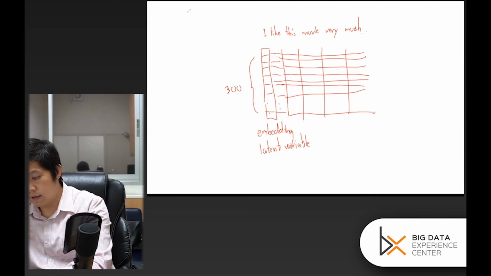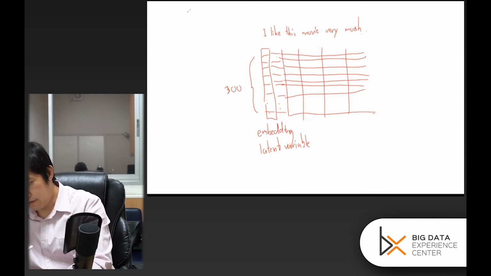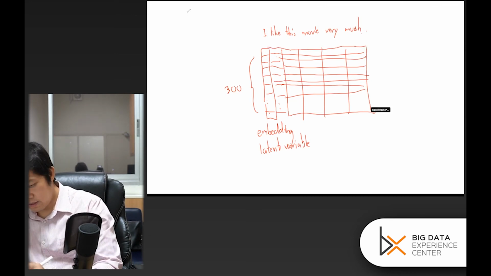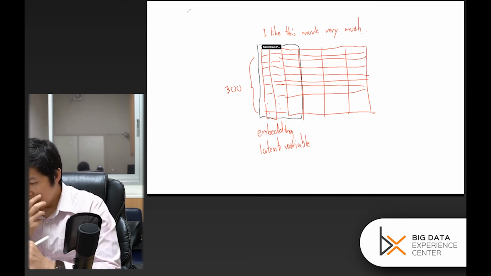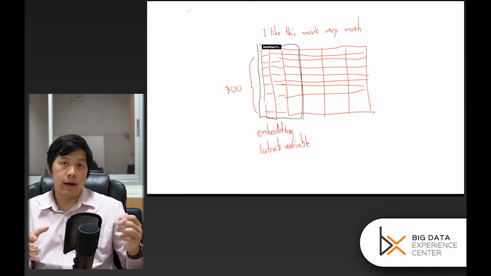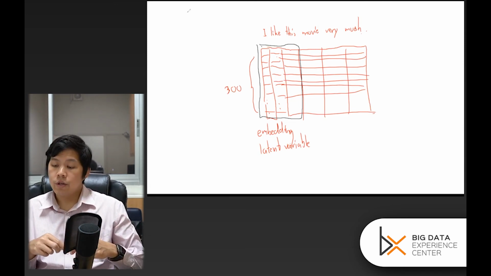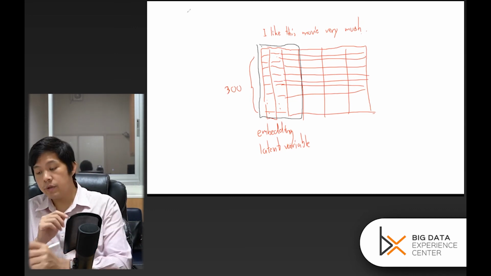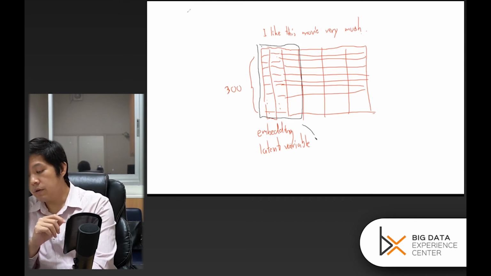Let me draw it here first again. And the mask will look like this. So instead of having something like a 3 by 3 mask, you now have 300 by 3. This 300 by 3 mask would compute and generate the feature map.